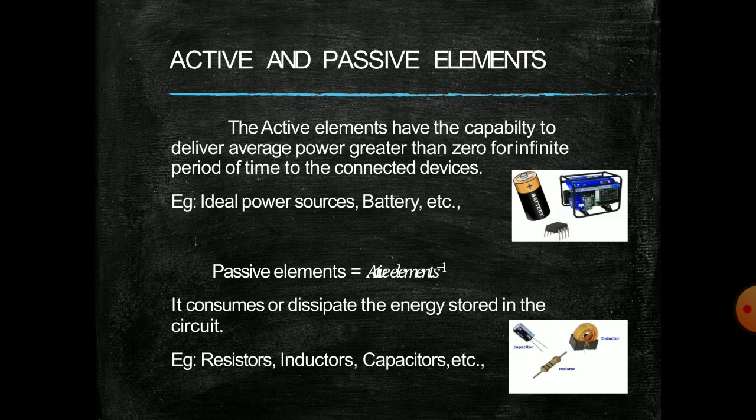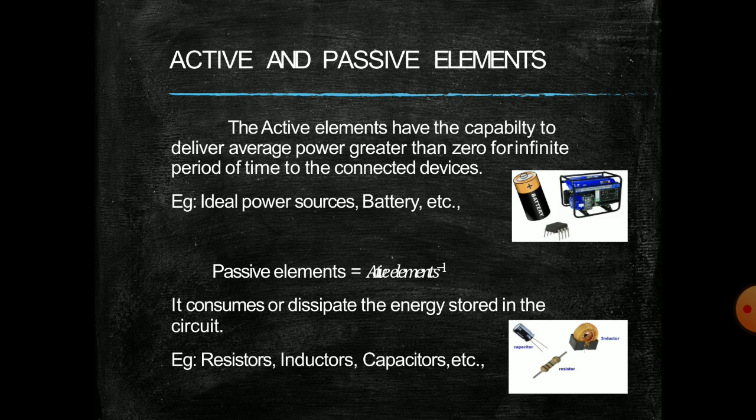Those power-giving elements are called active elements. The example we have given is ideal power sources. Power sources are available in our lab also. You can see battery sources in the lab, and battery sources are available in your mobile also.